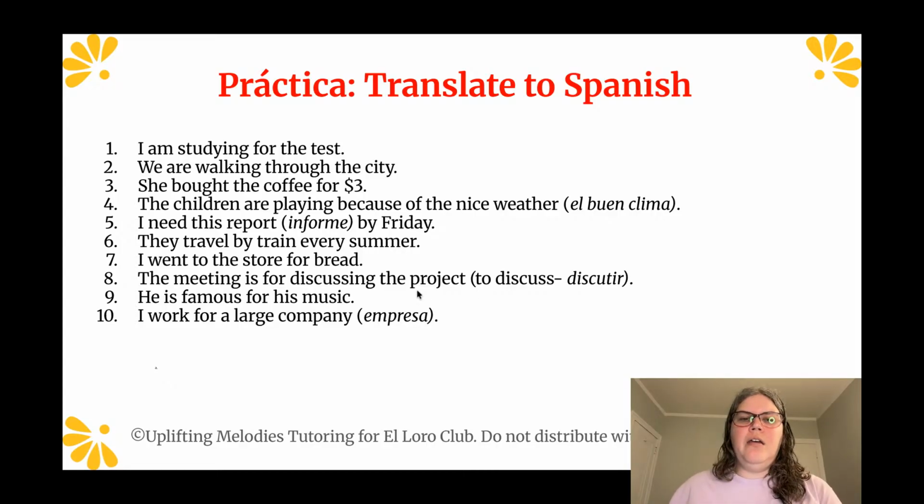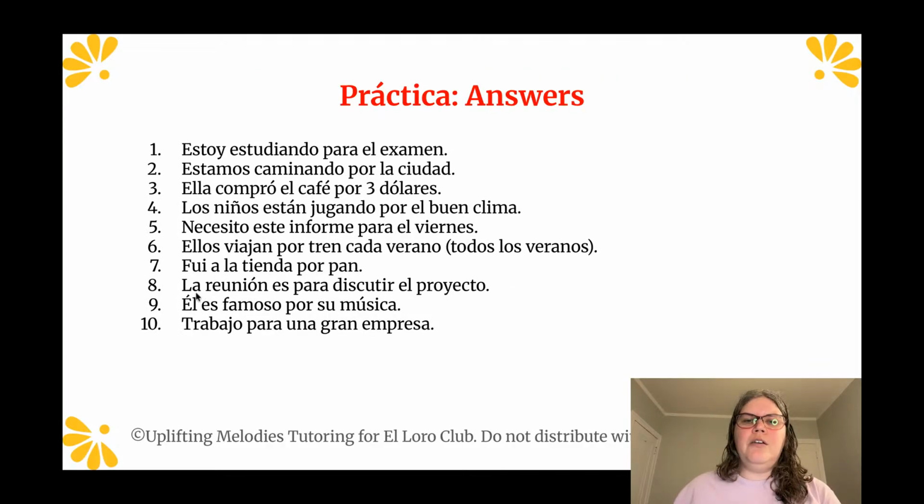So unless it's something like I am walking or she was eating or they were talking, then you would use what in Spanish we call the gerund, which is ando typically or yendo. But in this case, we could also say like the meeting is to discuss the project. And so we're just going to use discutir here. But you do have to decide for this for, are you going to use por or para? So here, you're going to use para. It's for the purpose of. So la reunión es para discutir el proyecto.